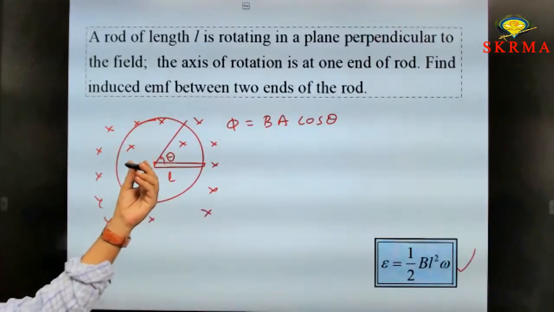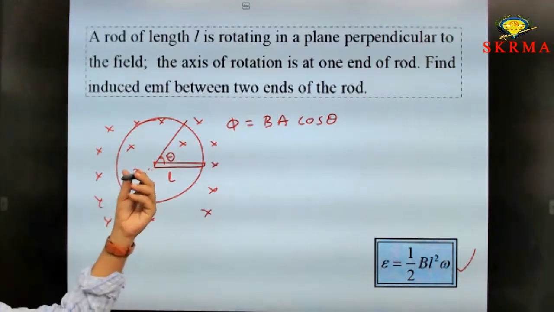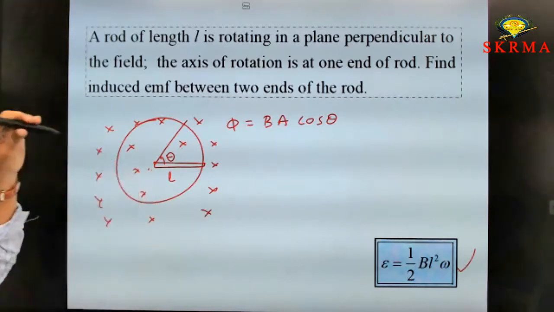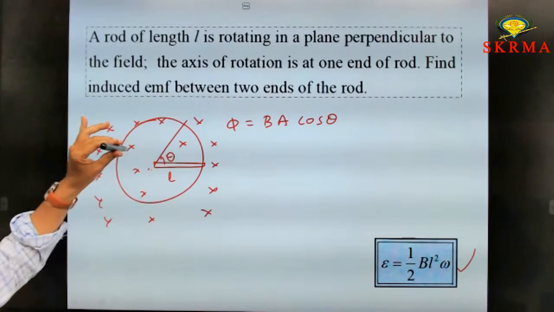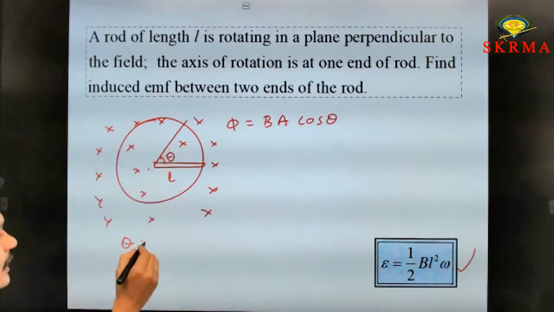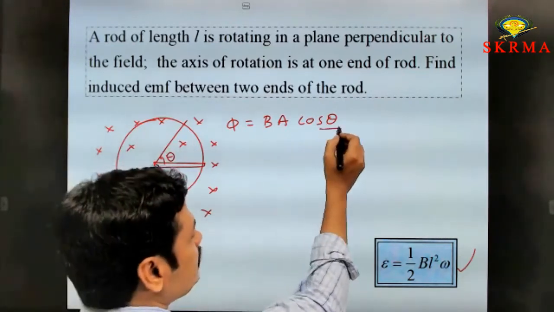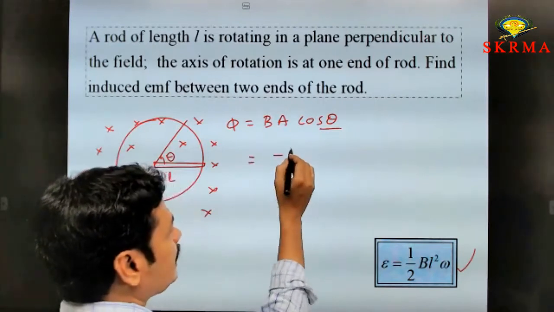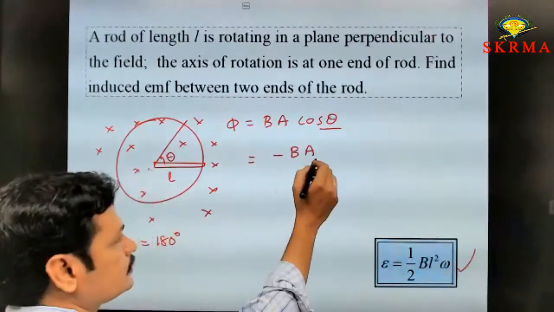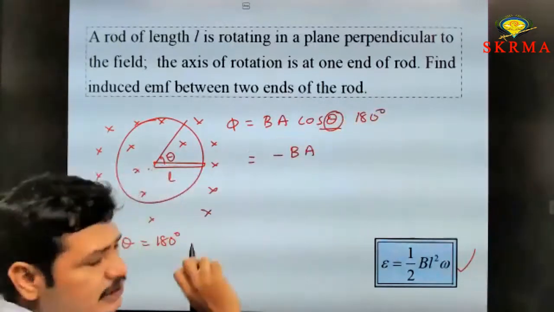Out of the plane. The angle between B and A is 180 degrees. Why? Because B is into the face and the area vector is out of the face. That's why there is a minus sign, B cos 180, and cos 180 is minus 1.